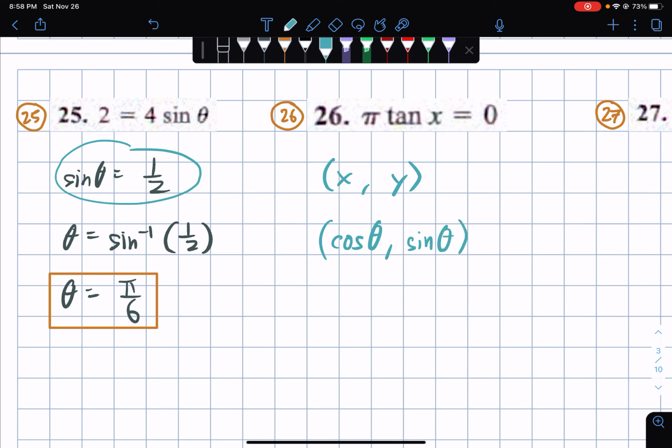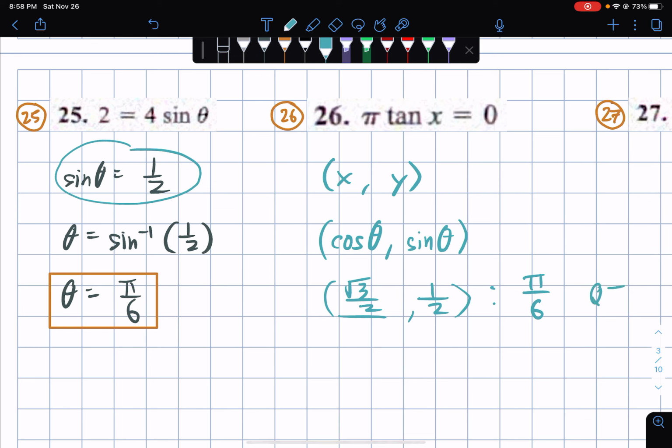With that in mind, say sine theta is 1 over 2. What would be the value of cosine if sine is 1 over 2? That would be the square root of 3 over 2. And this is an equivalent of pi over 6.